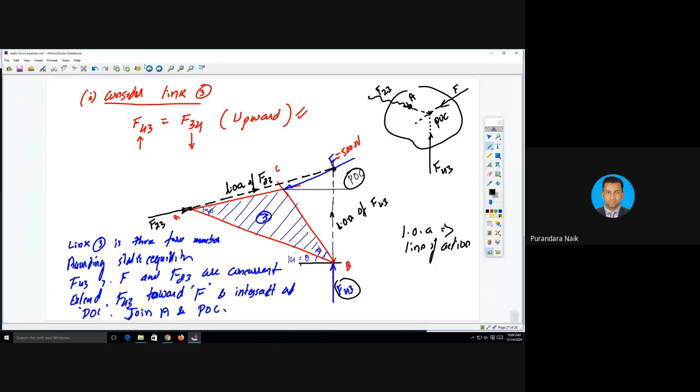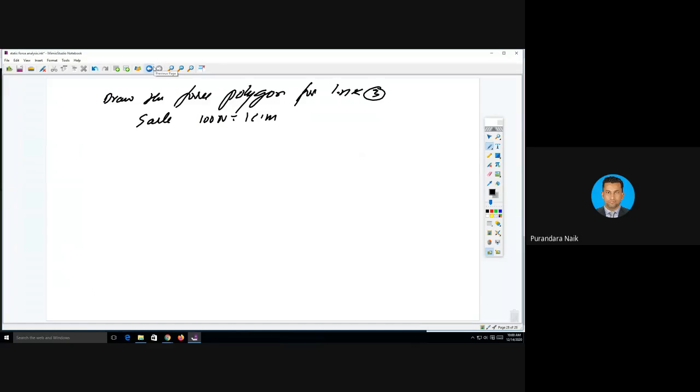Okay, look here, I'll take F. I mark a point here. I take a reference line, the 0 degree line. Here I must take 30 degree, because it is 30 degree. F is acting at 30 degree, right? So from this point I'll take F. What is the length of F? 500. 500 means 5 centimeter.